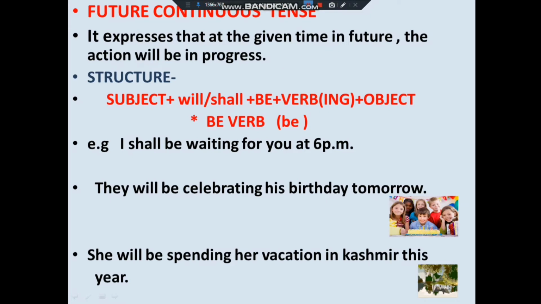Now see the next example. She will be spending her vacation in Kashmir this year. Again, the action will be in progress. This year means at that particular given time in the future. Have you understood, children?